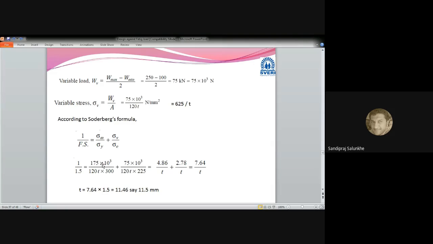When we calculate it, we get T is equal to 11.46, and we are going to approximate it to 11.5.